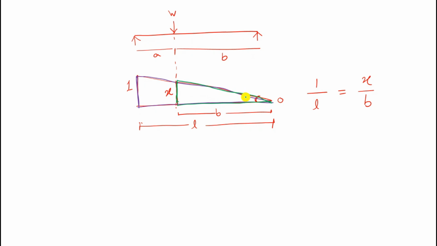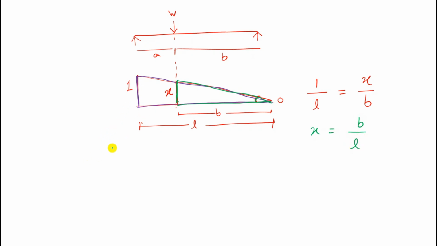So for the two triangles we have the same angle, that's why we can say 1 by L for the first triangle equals x by b for the second triangle. Now you can calculate x, that equals b by L.